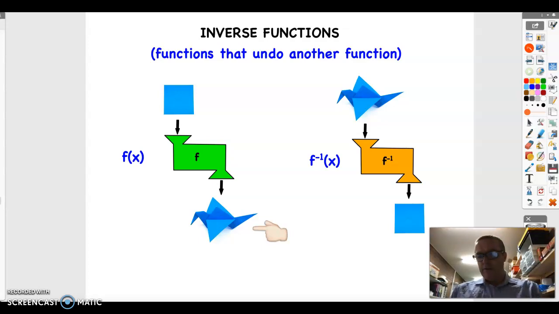Now, if an inverse function exists, what that inverse function should actually be able to do is, if I feed the crane into my inverse function, whatever happens in there is going to return that to the original square piece of paper. So that's one way of thinking about inverse functions and what they actually do.